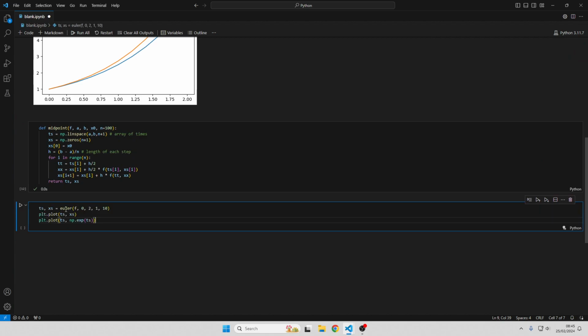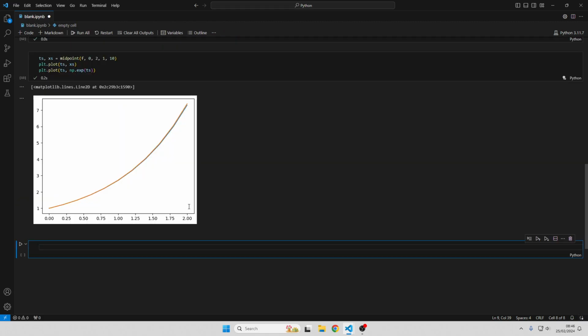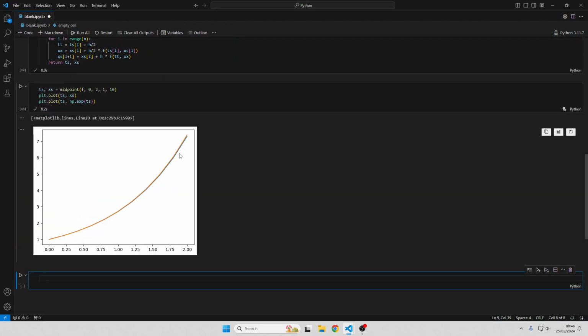Let's go back here, and instead we'll do the midpoint. If you look very closely, you can see there is a tiny gap between these two graphs, but that was only with 10 steps. If we go back to 100 steps, then there's no difference at all. At least there's no visual difference between these two graphs.